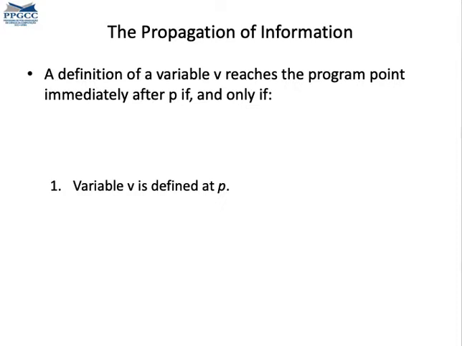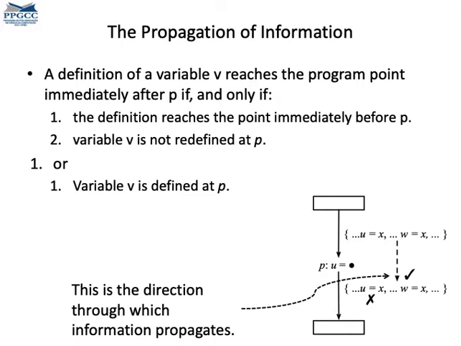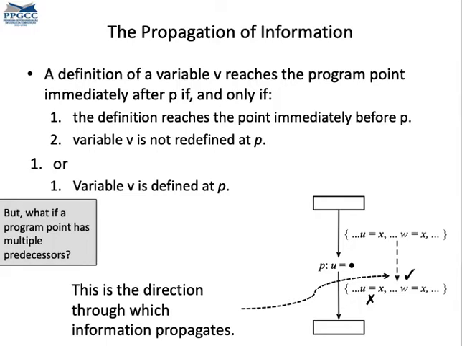But there are other ways to propagate information in this analysis too. All the definitions that reach the point immediately before p also reach the point immediately after p, as long as p does not redefine these definitions. So again, this is a forward analysis because information flows along the same direction as the edges of the program's control flow graph. But how do we join information in this analysis?